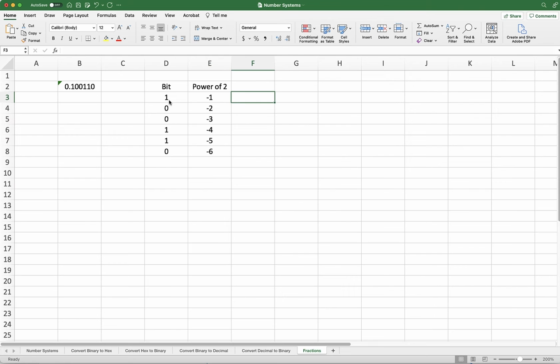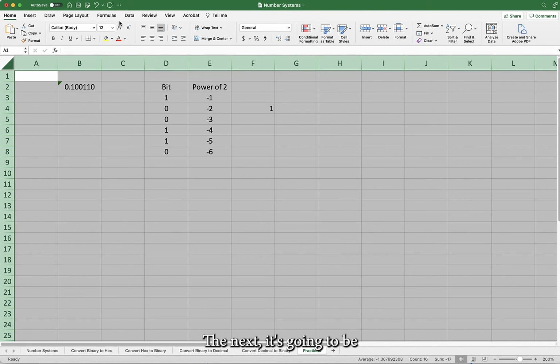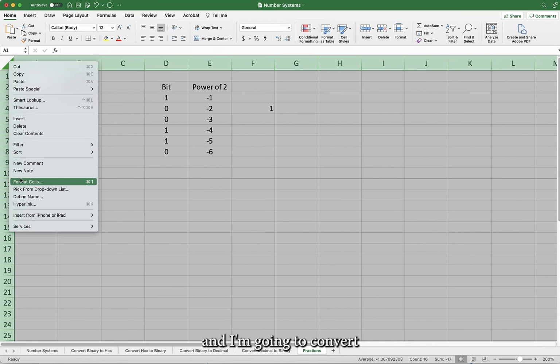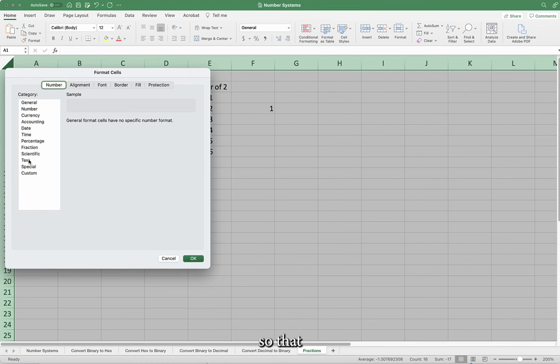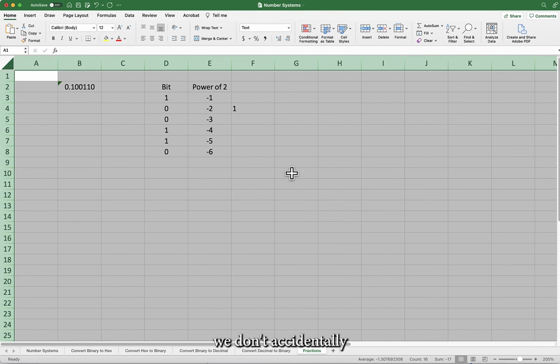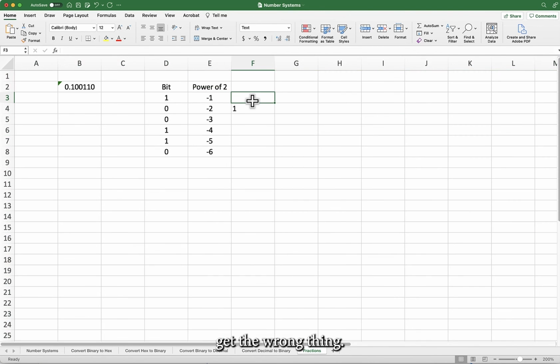So the negative first power is a half, then it's going to be a quarter, and I'm going to convert my whole table here to be text so that we don't accidentally get the wrong thing.